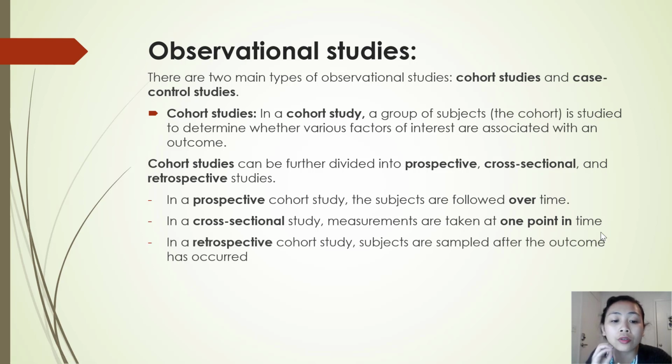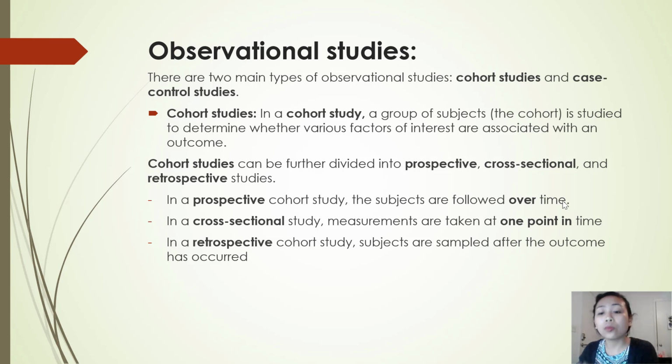And in a retrospective cohort study, the subjects are assembled after the outcome has occurred. For prospective, it is followed over time. For example, you give treatment this year, and every year you collect the results. That means time does contribute to the study, like you have to consider repeated measurements over time.